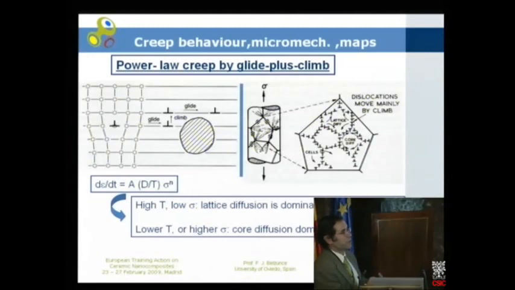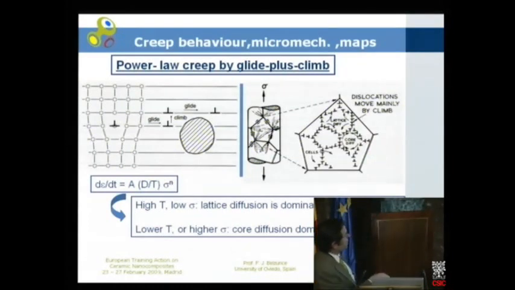So the deformation stops at this moment. But as we are at high temperature, there is another possible mechanism in which this dislocation can climb to another similar slip plane and continue its way. So this is the mechanism of glide of dislocations along the slip planes and then climb to another slip plane when there are obstacles in their way.